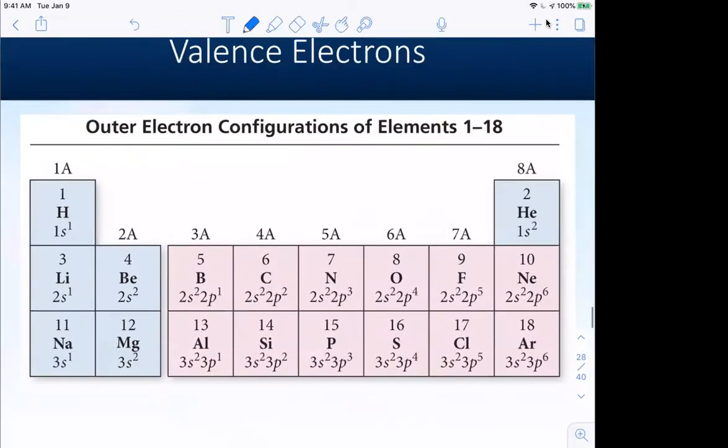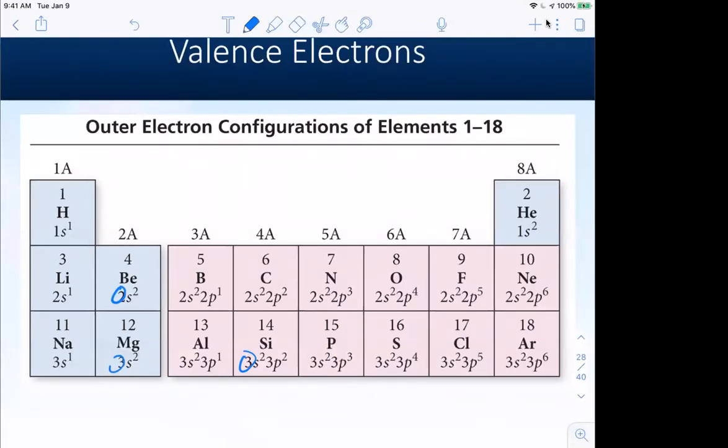You can tell when I look at this periodic table, the group number is indicative of the number of valence electrons. The only thing that changes is the principal energy level, but the number and type of valence electrons are the same as I go down the column in the periodic table.